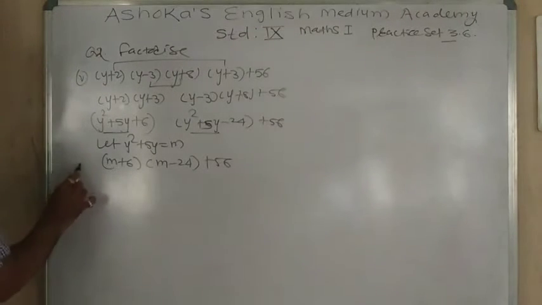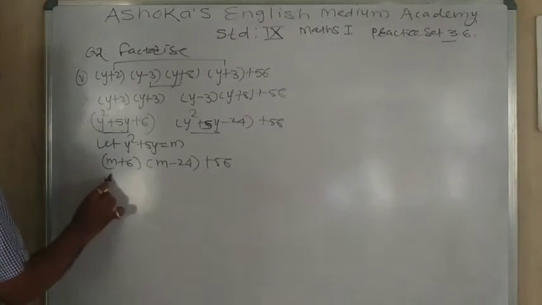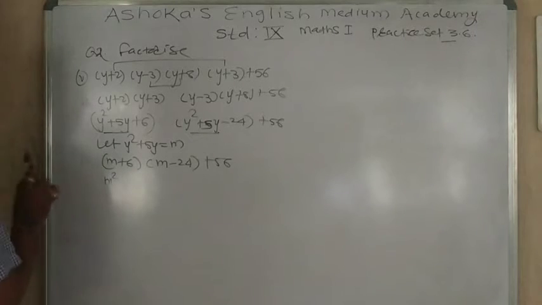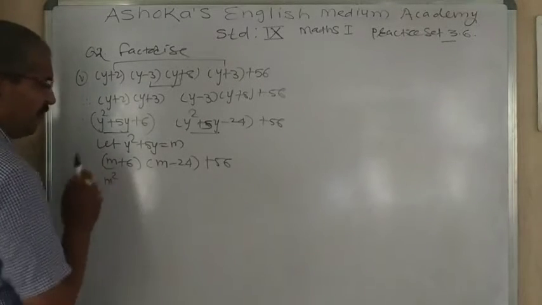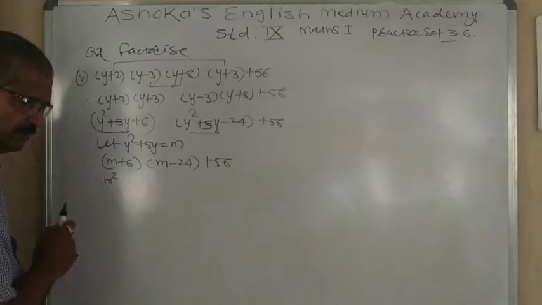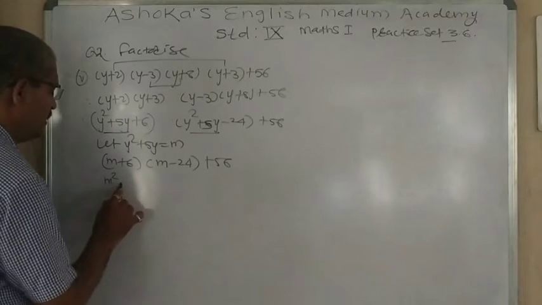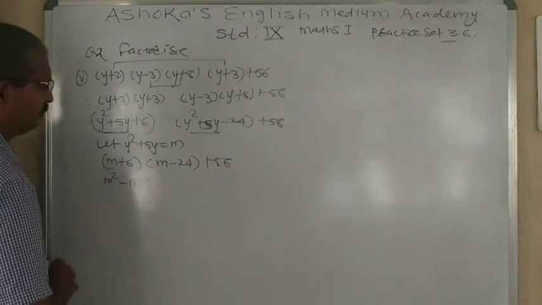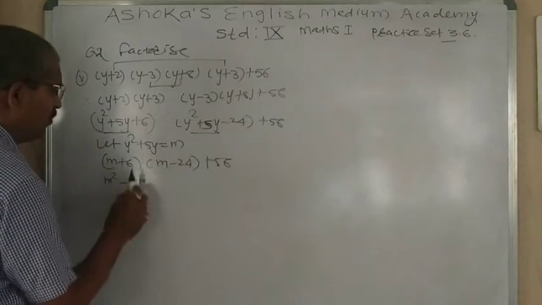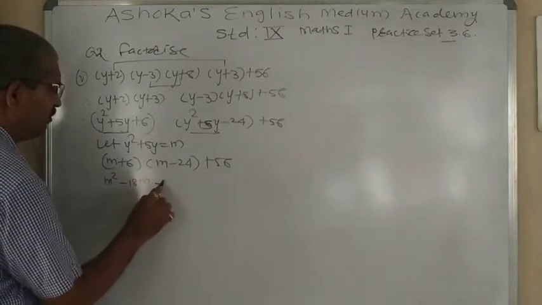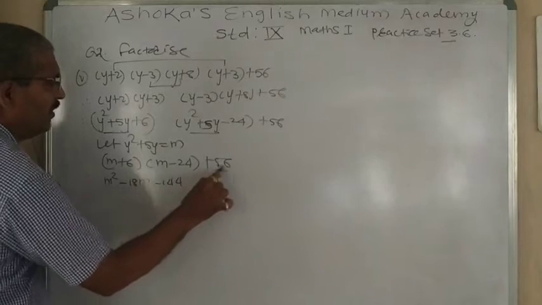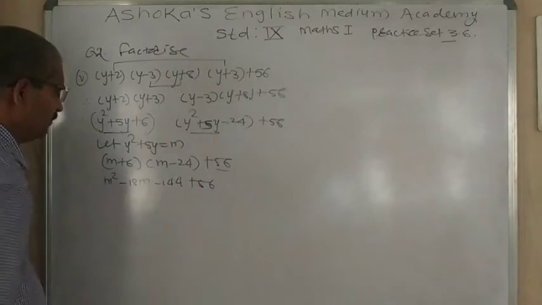In this way, again now do multiplication. First term m into m, m square. Minus 24 plus 6, minus 18m. Then minus 24 into 6, minus 144, and this plus 56.